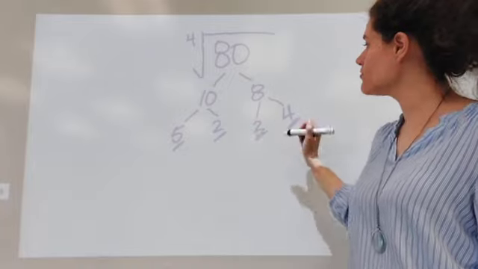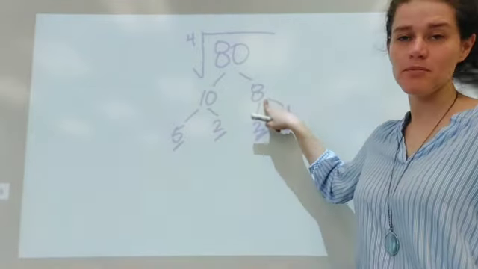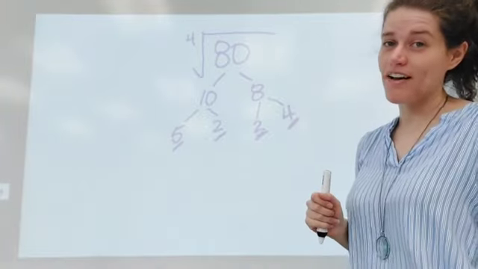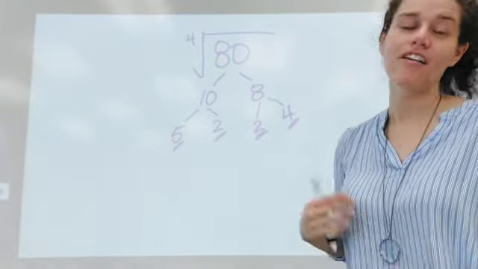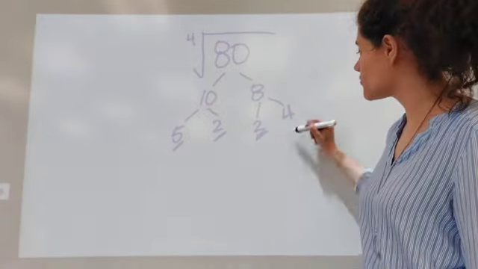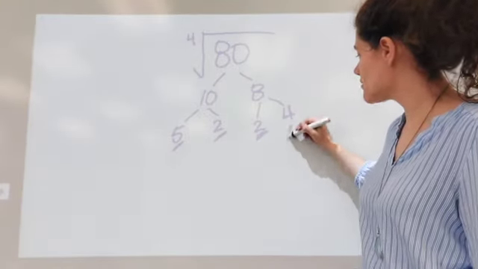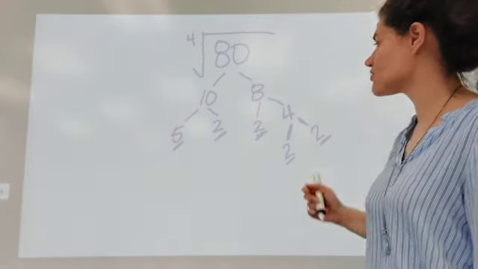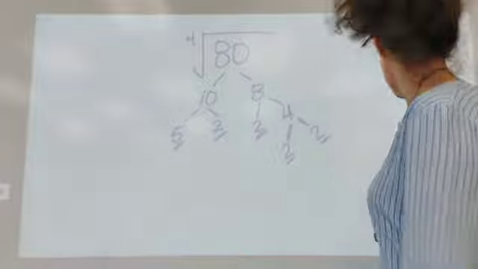So be careful with this one. A lot of people make the mistake of making 8 4 and 4, but just remember we're doing multiplication, not addition, so it's 2 times 4. Oh, and actually the 4 is not done. 4 can split into 2 and 2. So here's all my endpoints.